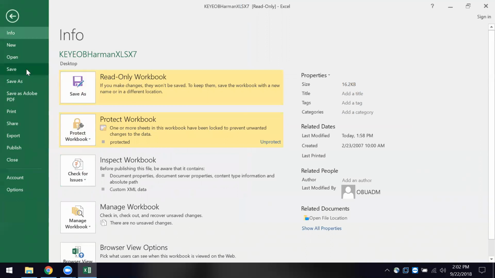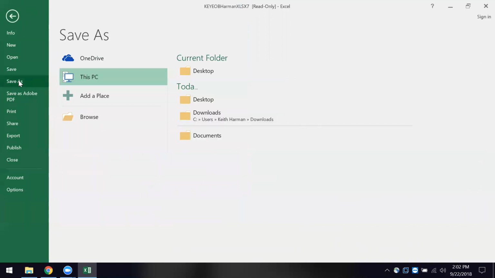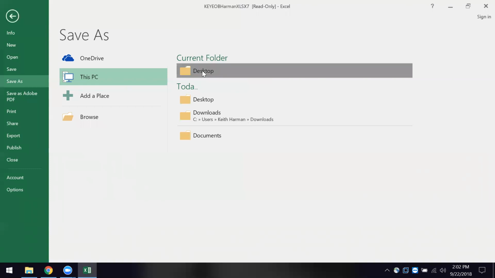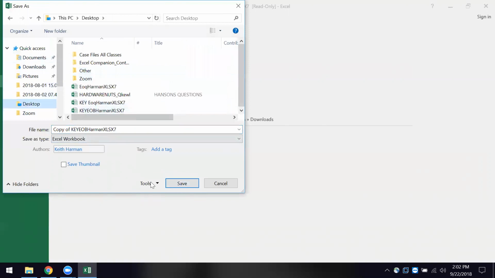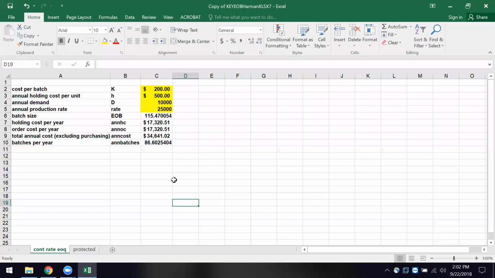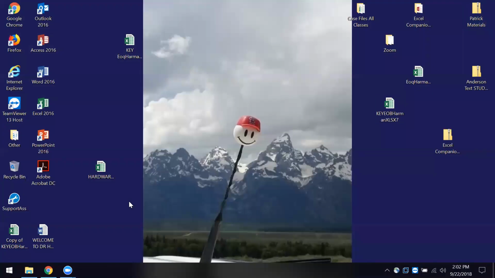I'm going to save it as an Excel workbook on my desktop. Okay, and there we go. And took it back to that copy thing. Let's see where that's at.